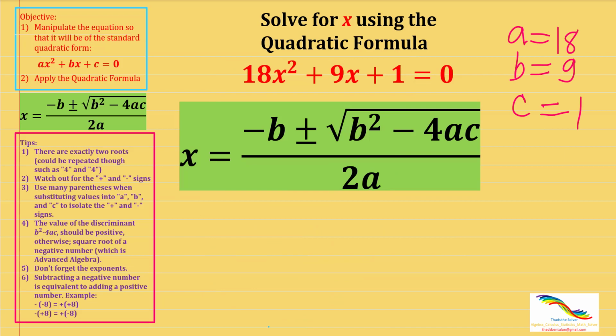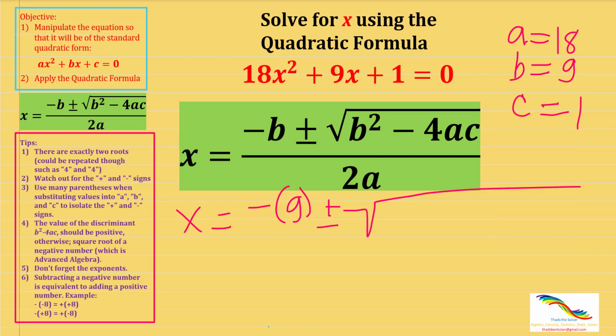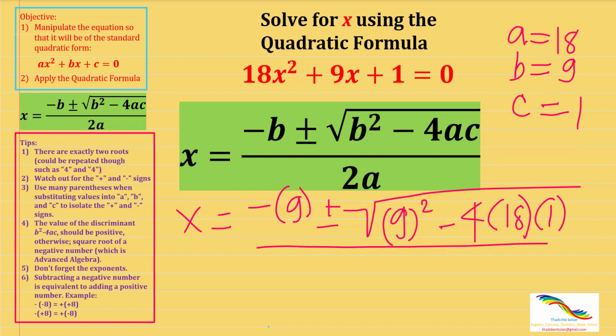So by direct substitution into the quadratic formula, we would have x equals negative of b, which is 9, plus minus the square root of b squared, that is 9 squared, remember the parenthesis, minus 4 times a, which is 18, times c equals 1, all over 2 times 18.